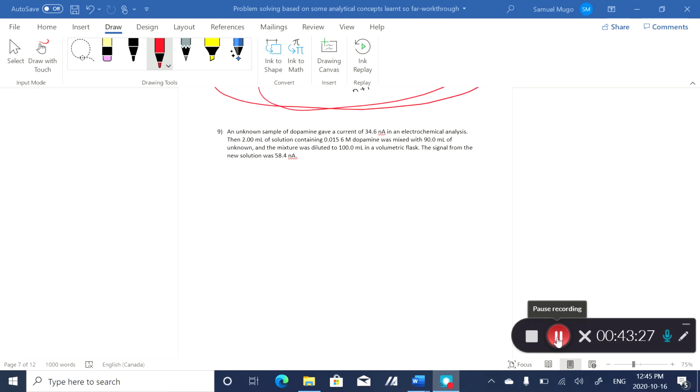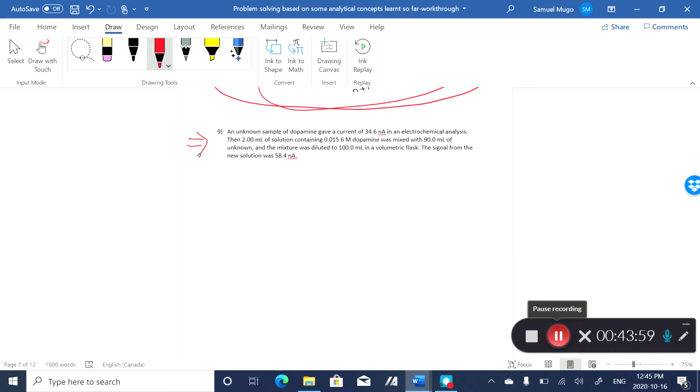So we also previously did work on standardization. And we said, of course, standardization is largely used to correct for matrix effects. So be able to recognize a problem that uses standardization calibration. For example, in this problem, an unknown sample of dopamine, which is a neurotransmitter, gave a current.